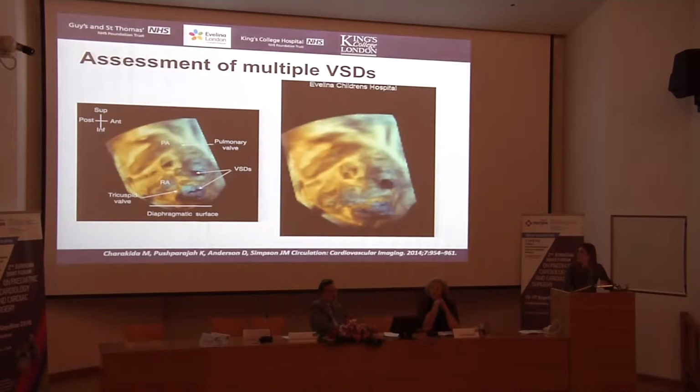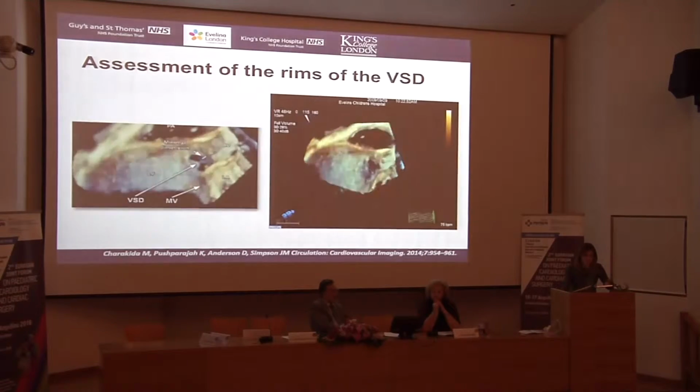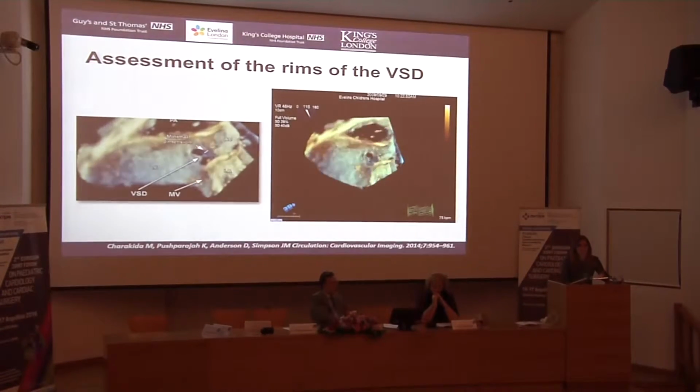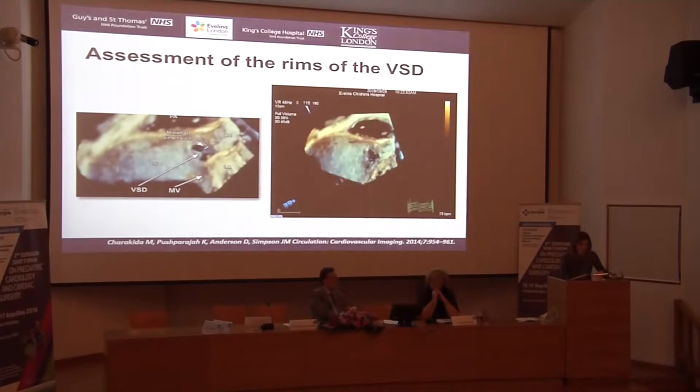But having 3D echocardiography, we can have exact dimensions, we can see the shape of the defect, and we can do a better assessment. If, for example, we need to undertake interventional closure of the VSD, the assessment of the rims around the defect can also be very well seen with 3D echocardiography.